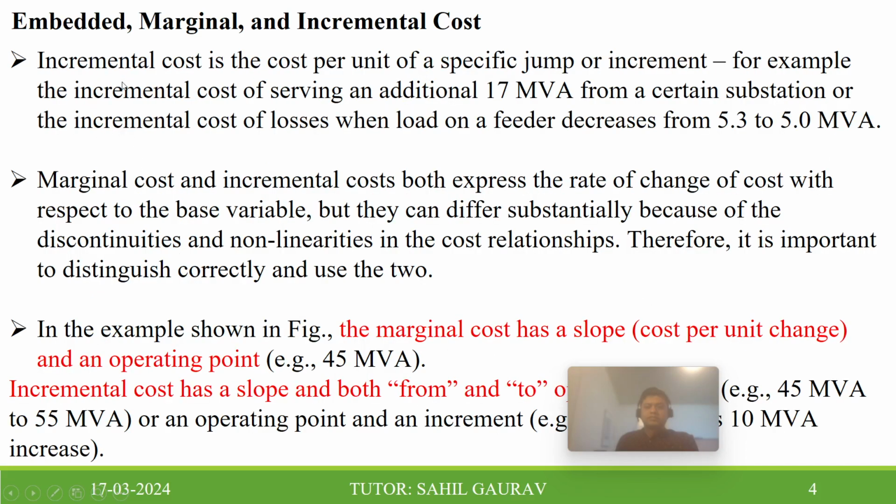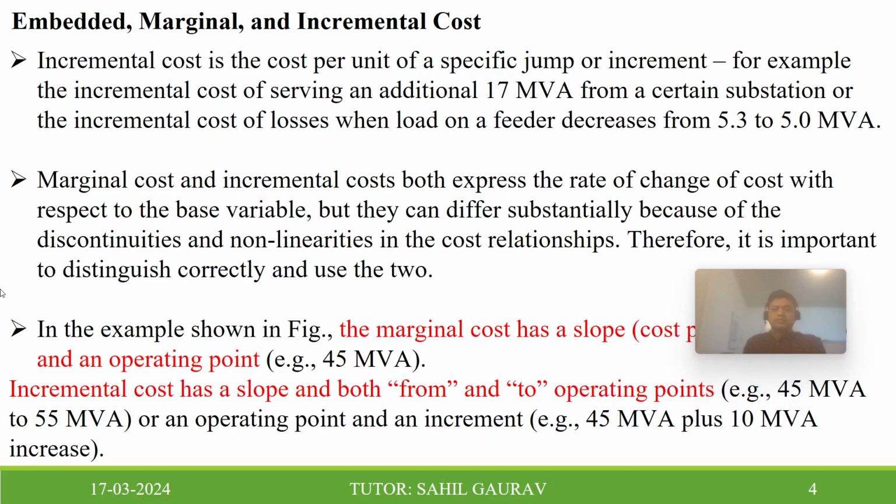Now, incremental cost is the cost per unit of a specific jump or increment. For example, the incremental cost of serving an additional 17 MVA from a certain substation, or the incremental cost of losses when load on a feeder decreases from 5.3 to 5.0 MVA.